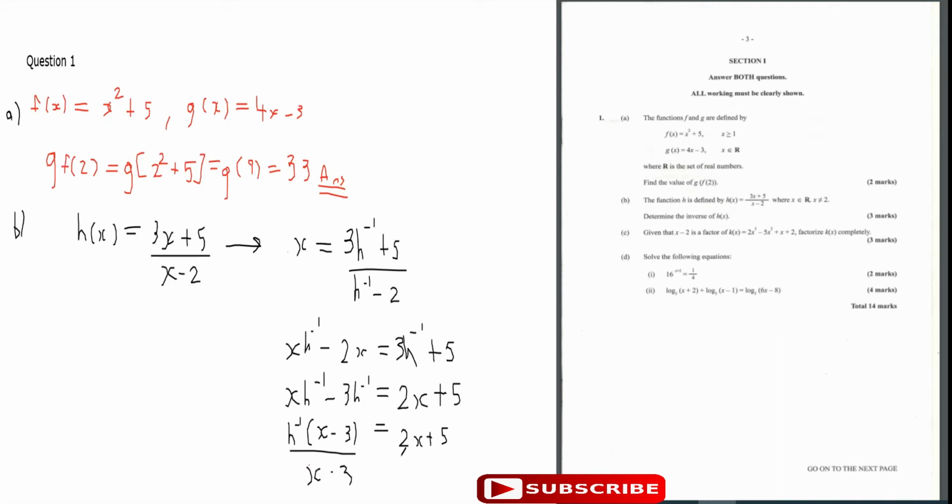That means h inverse is 2x plus 5 over x minus 3, because this cancels this. Nice and easy. So that's h inverse, and we can write that h inverse is 2x plus 5 over x minus 3.